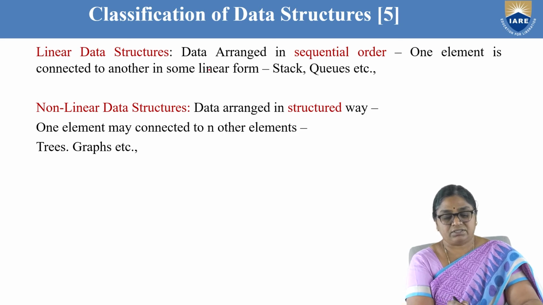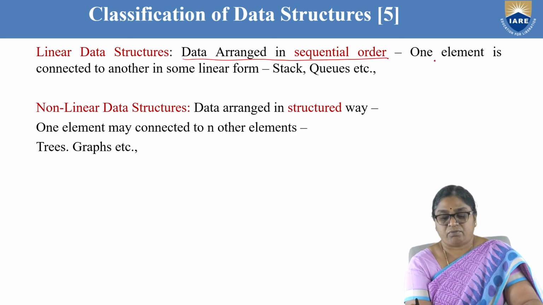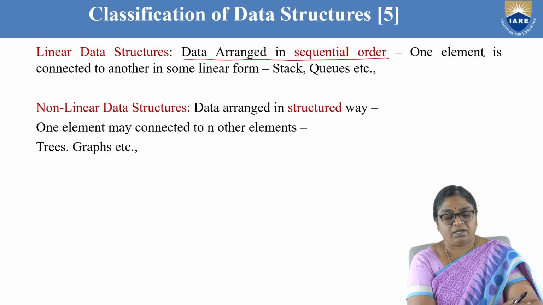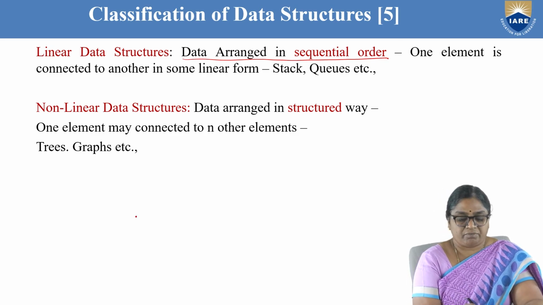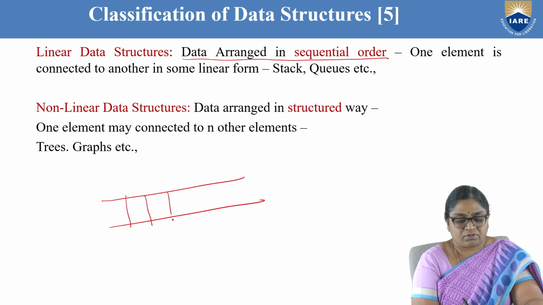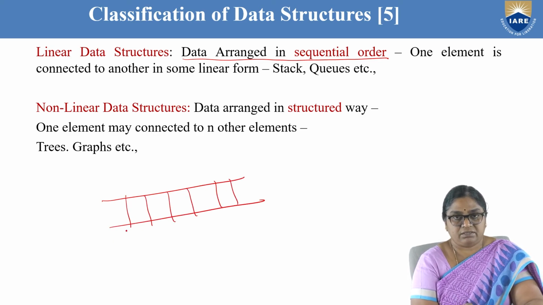Linear data structures: data arranged in sequential order. That is, one element is connected to another in some linear form. Examples: stacks, queues, etc. In sequential order means if it is a queue, the elements will be placed in some sequential order.